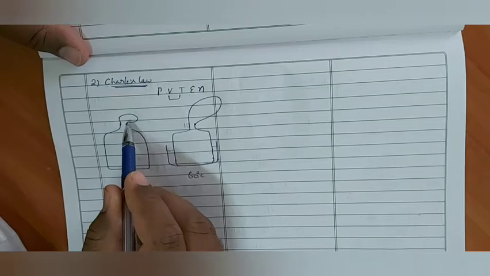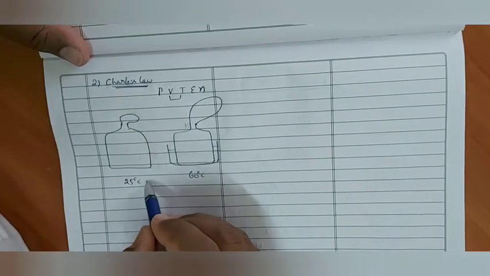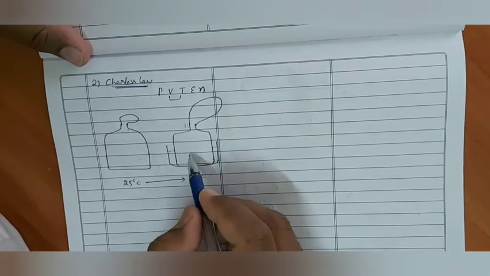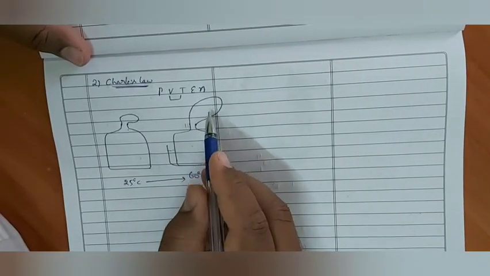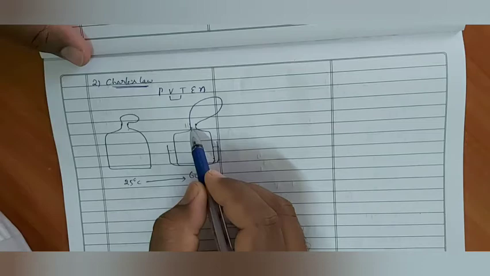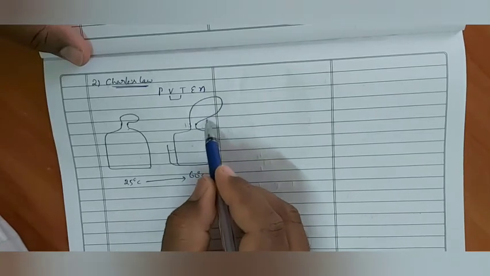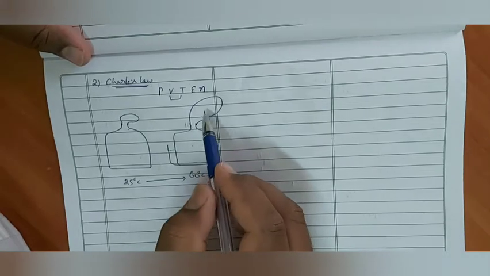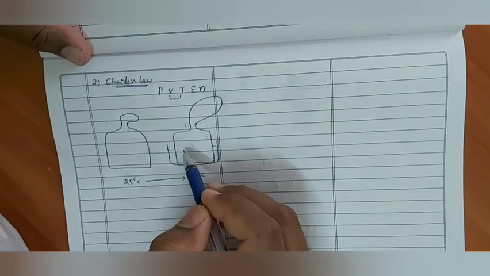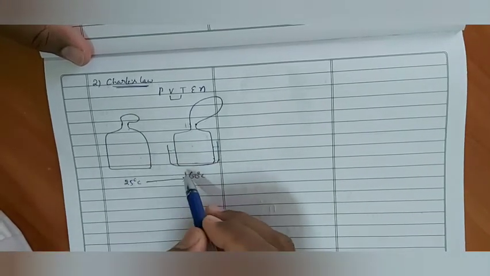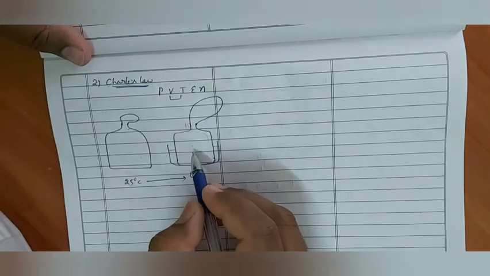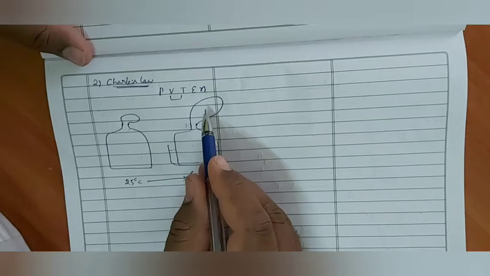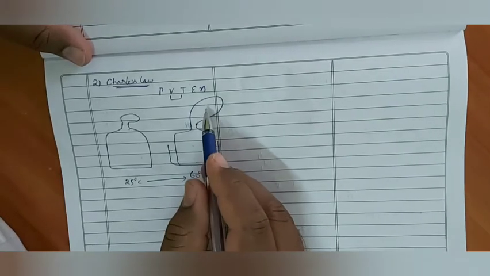It is an empty balloon. Because of increase in temperature from 25 to 60 degrees centigrade, what happened to gas volume? Now the gas volume is balloon volume plus container volume, because in the balloon also this gas is present. Because of increase in temperature, kinetic energy of the molecules increases and they will enter into the balloon.